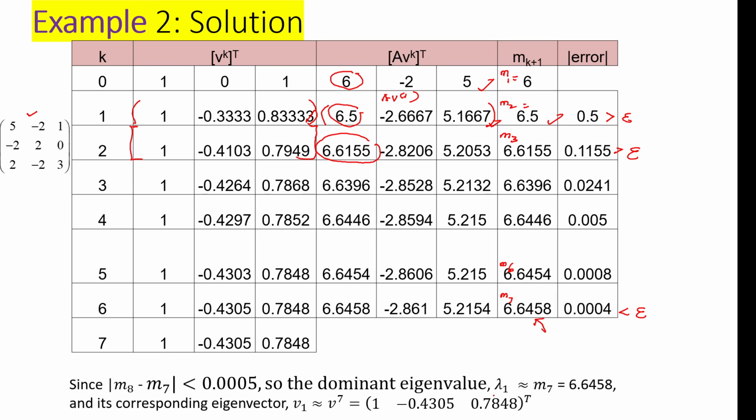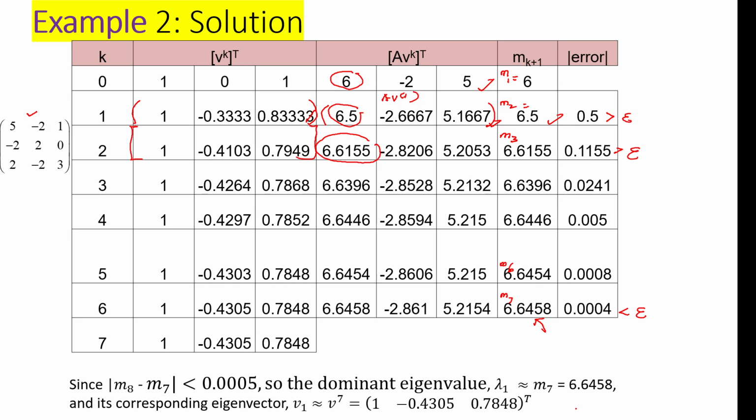So V1 is approximately V number 7, which is 1, negative 0.4305, 0.7848. Initially the eigenvector is a column, and we turn it horizontally into a row, so that's why I need the transpose.